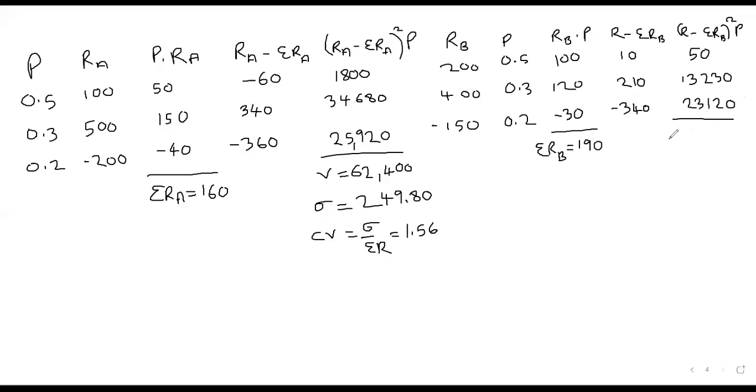Then we sum up. We call it the variance when you sum up. When we square root it, it's the standard deviation.